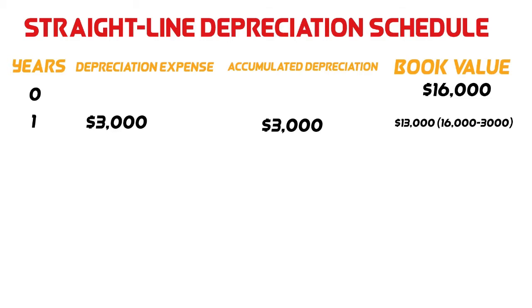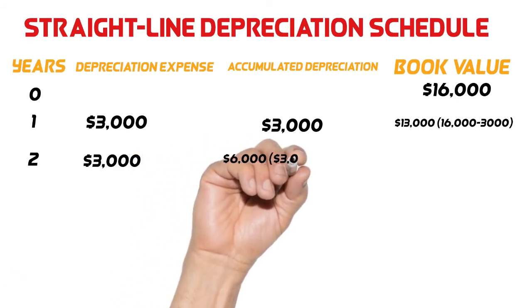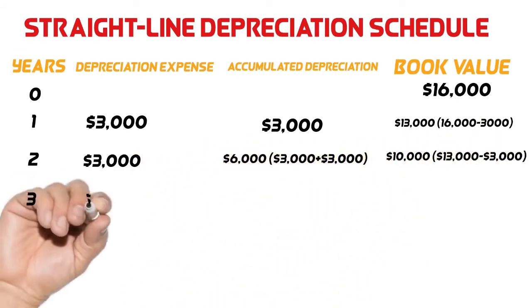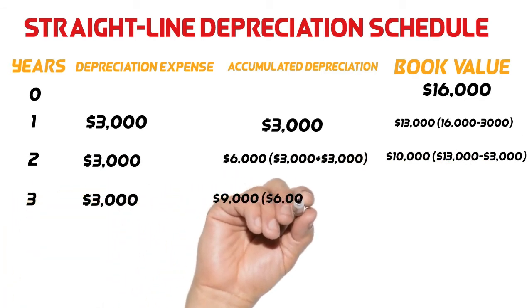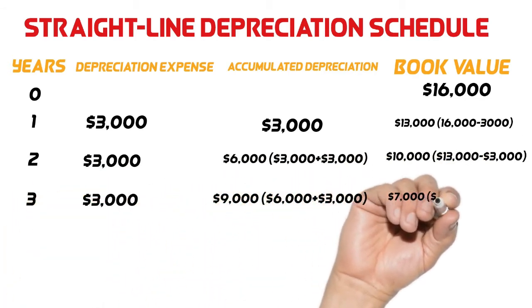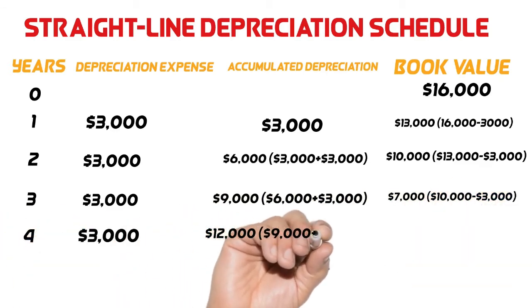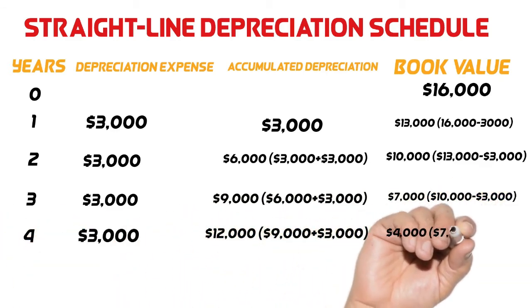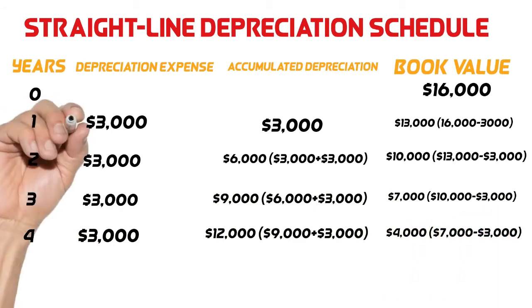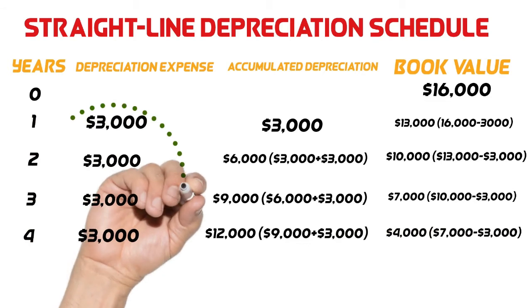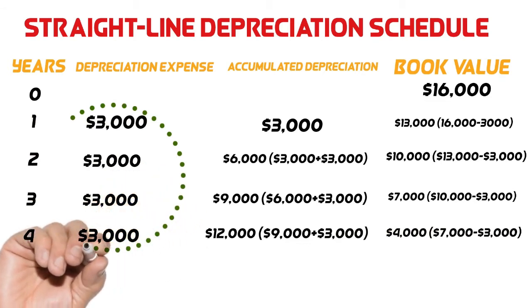Similarly, depreciation expense for the rest of the years will be $3,000. Due to this reason, we say this method is the straight line depreciation method. But the accumulated depreciation and book value of the asset will change each year. Accumulated depreciation will increase each year by $3,000. The book value will reduce by $3,000 each year.